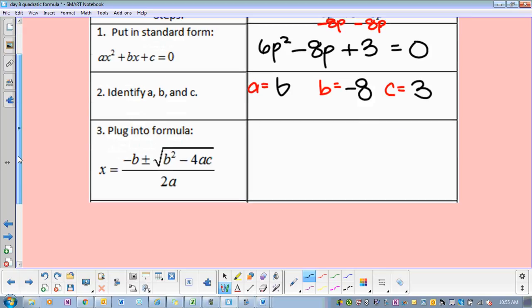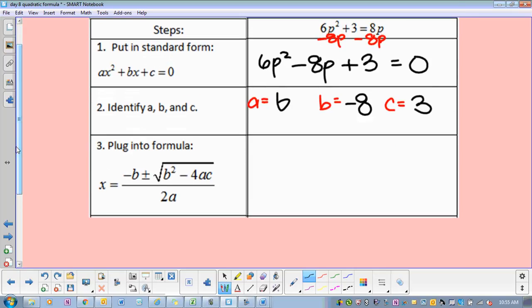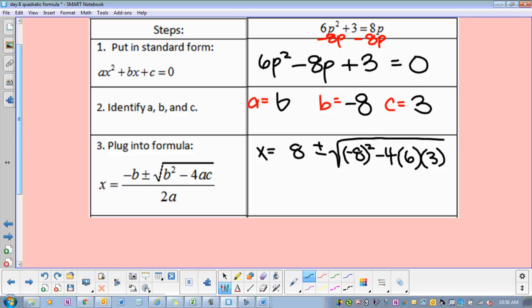Now, let's plug it into the formula. X equals opposite B. My B right now is a -8. Opposite that is positive, right? Plus or minus square root of B squared minus 4AC all over 2A.